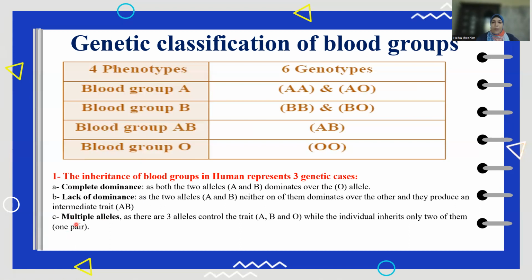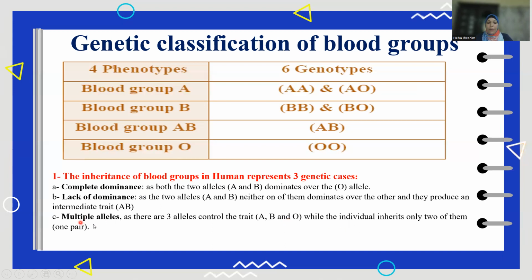As we know from our previous studies, each trait is controlled by 2 genes. In the case of blood groups, the trait is controlled by 3 different genes, or alleles: A, B, and O. But each individual inherits only 2 of these 3 alleles, one from the mother and one from the father, as usual.